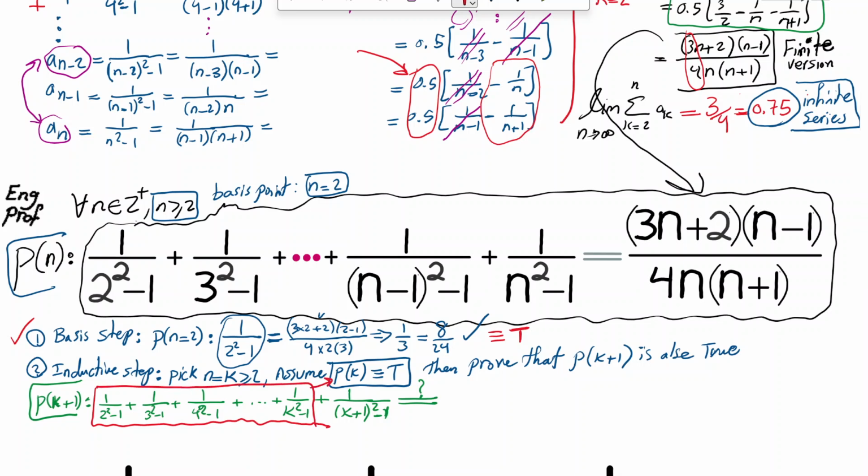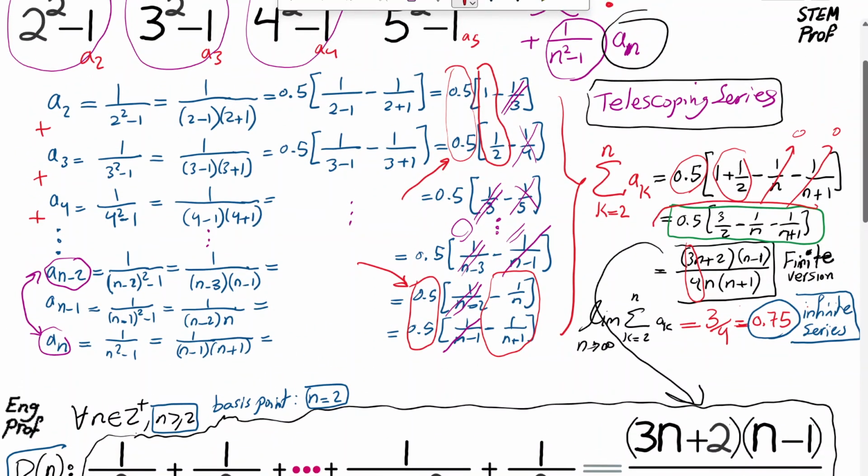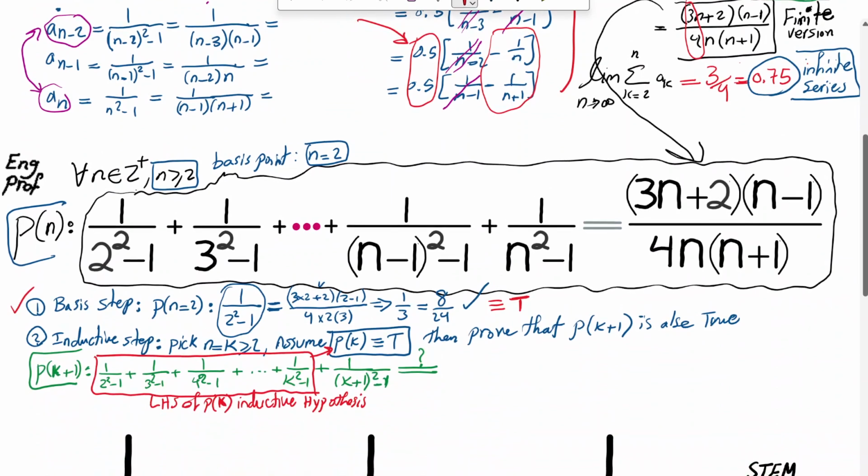Since I know P of k is true, instead of writing this left-hand side of P of k, which is our inductive hypothesis, I'm going to substitute it with the right-hand side of the inductive hypothesis, which is the formula highlighted in the green box here. So 0.5 times 3 over 2.